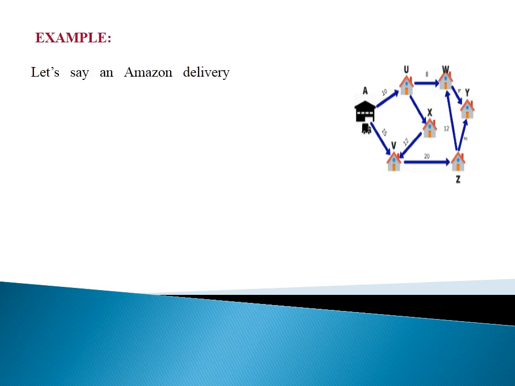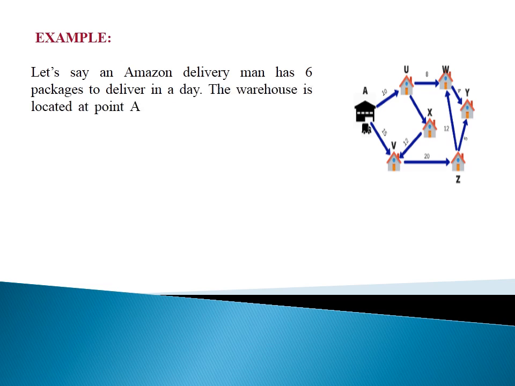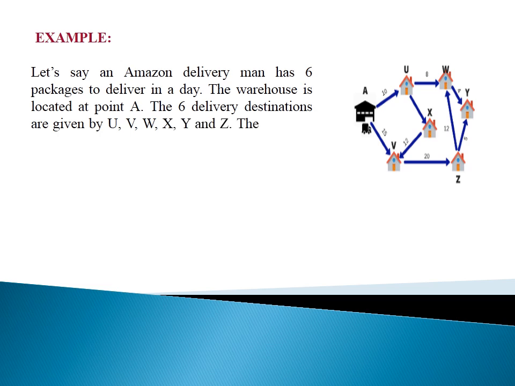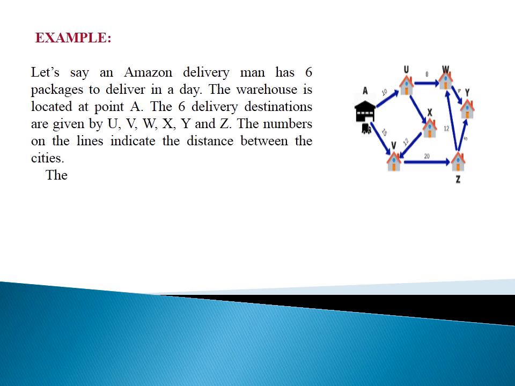Let's say an Amazon delivery man has 6 packages to deliver in a day. The warehouse is located at point A. The 6 delivery destinations are given by U, V, W, X, Y, and Z. The numbers on the lines indicate the distance between the cities.